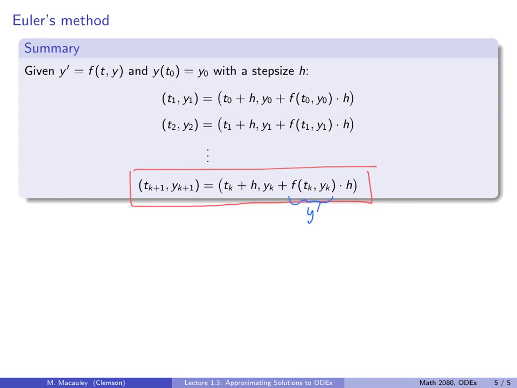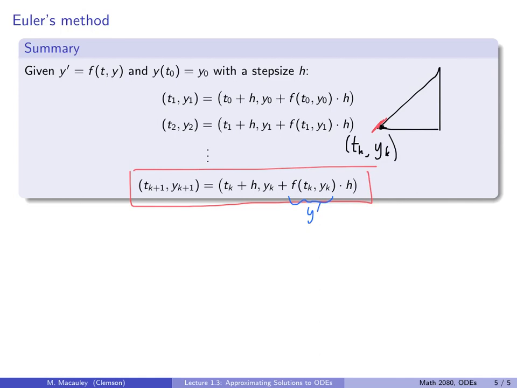And again, all this is just basic trigonometry. This point down here is t sub k, y sub k, so this is the old point. We know that this is the slope.